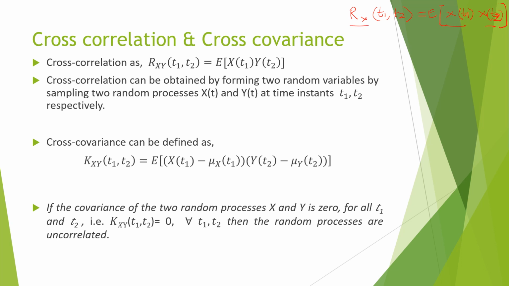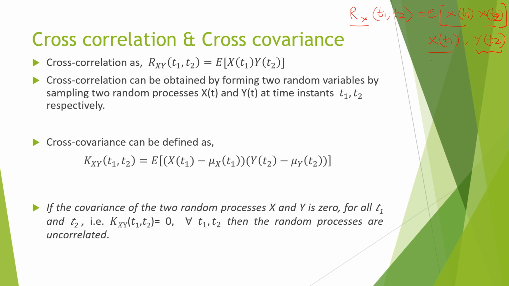Now, if I want to write cross correlation, then we are obtaining the random variables from two different random processes. They are x(t1) and y(t2). So x(t1) is obtained from the random process x at time t1. y(t2) is obtained from the random process y at time t2.